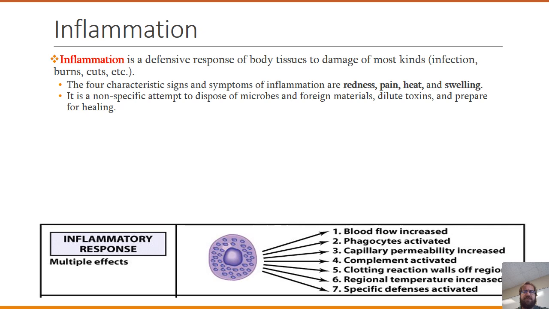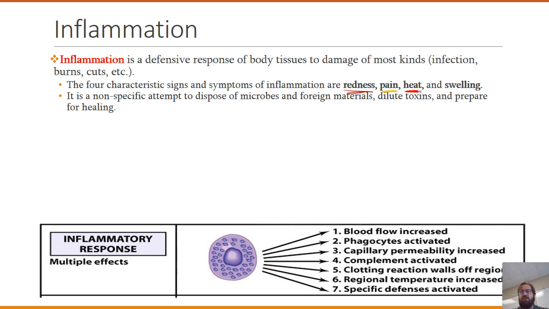There are 4 characteristic signs of inflammation. Those are redness, which is because of the increased blood flow to the area. Pain, which is from those eicosanoids we just talked about. Heat, also from the increased blood flow to the area.